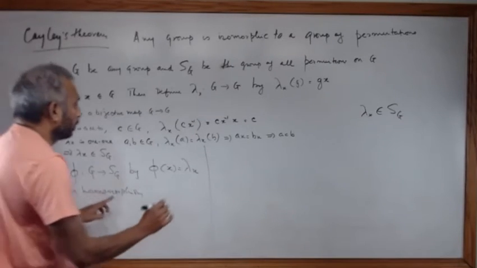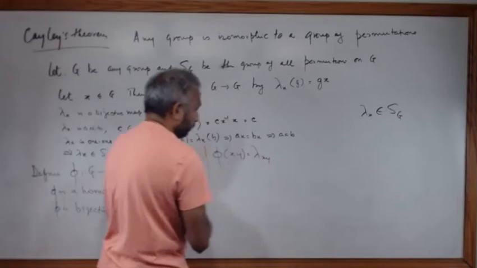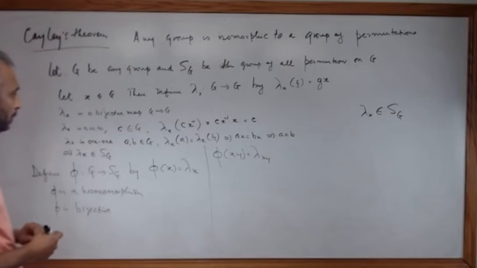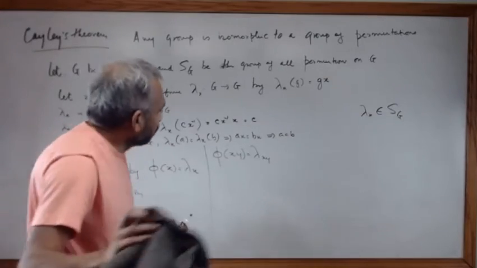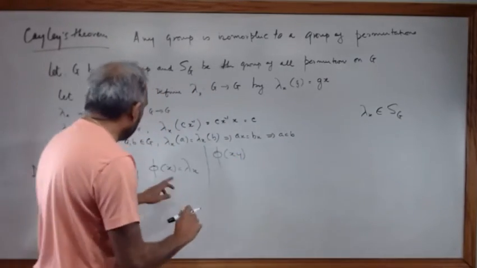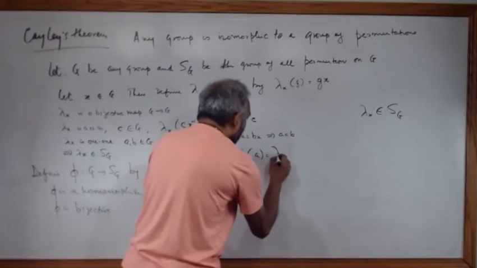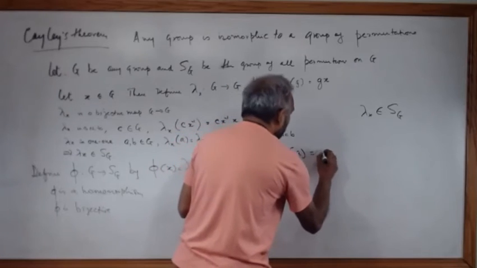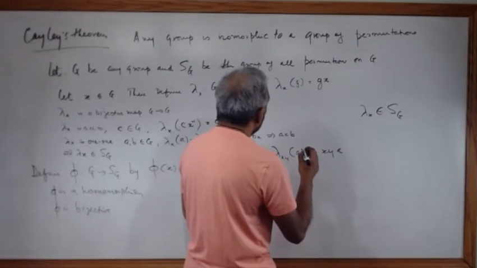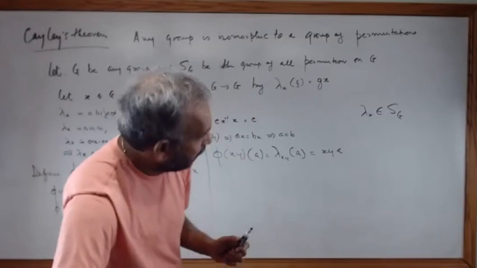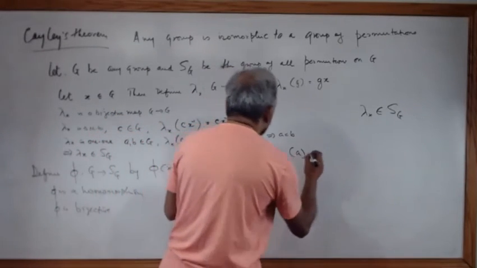Take two elements x and y. Phi(xy) is equal to lambda_xy. Since this is a bijective map on G, phi(xy) of a is equal to lambda_xy of a, and that is equal to a(xy).